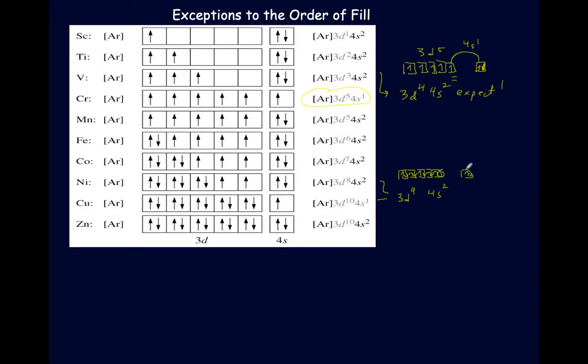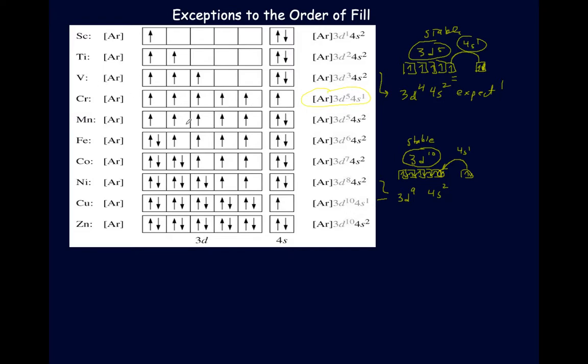So what copper is going to do is it's going to come here and fill that in to make 3d10 4s1. Now, filling this makes that stable, because it's completely stable. And making sure these guys up here are half filled is also stable.